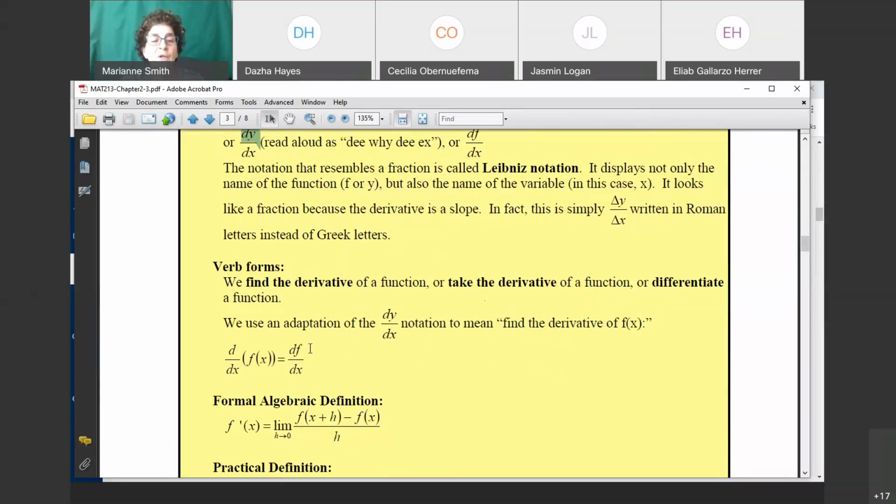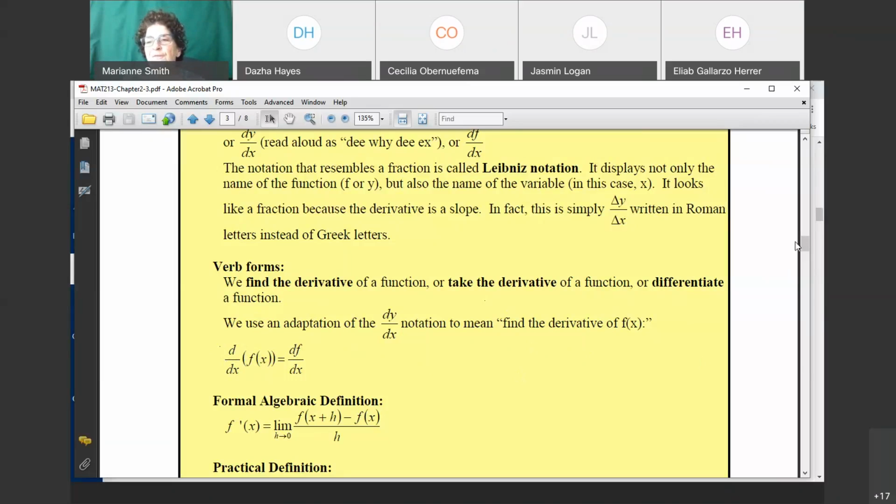Notice what they've done here: think of it like the f of x or the y has fallen off and now it's over here. So d dx is essentially the same thing as df dx. You'll see this notation in apps a lot. This d dx means take a derivative; it's what lets the app know what to do.